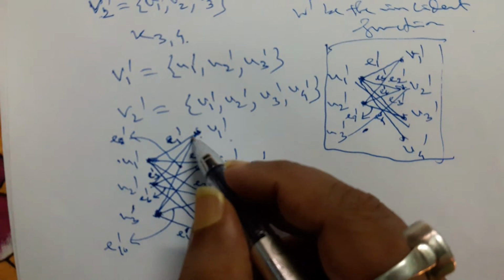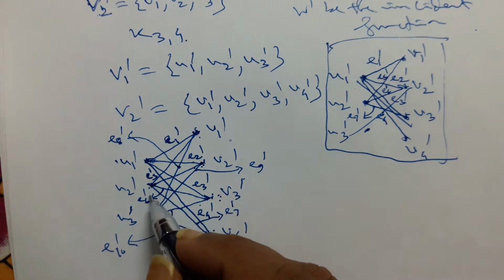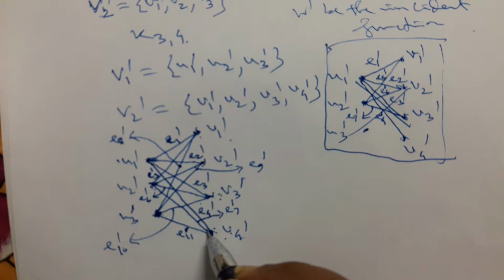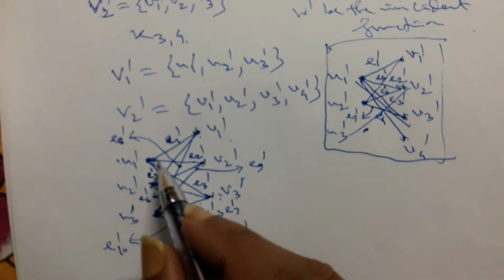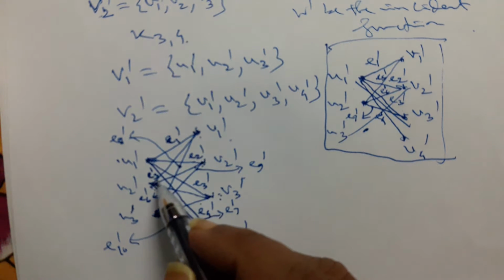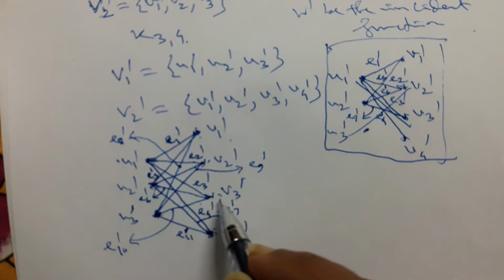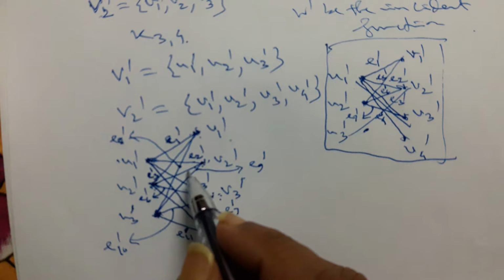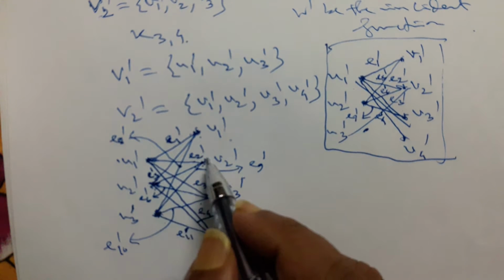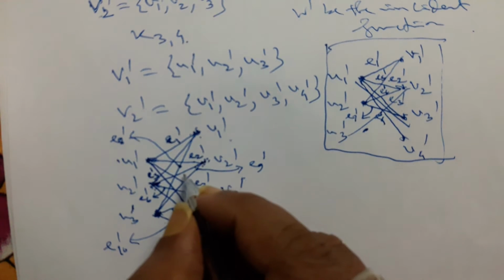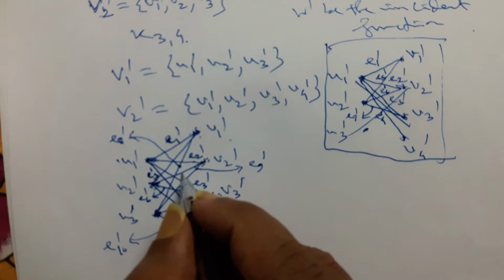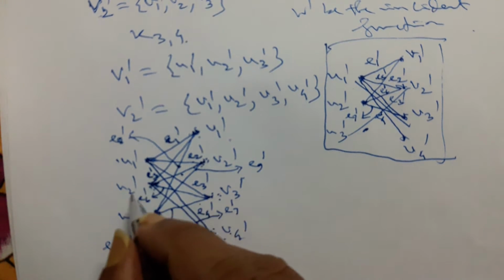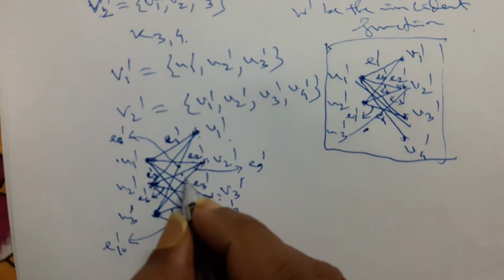For the second cases, e5 dash, e6 dash, e7 dash. Oh, this is just a mistake here, we don't name it. If we take the name another e6 dash, okay, we just don't take the name of u1 u2 dash, that's incident with v2 dash.